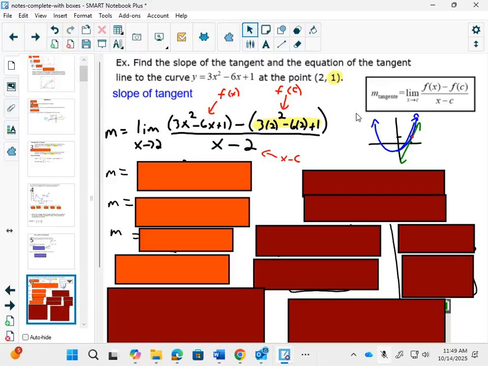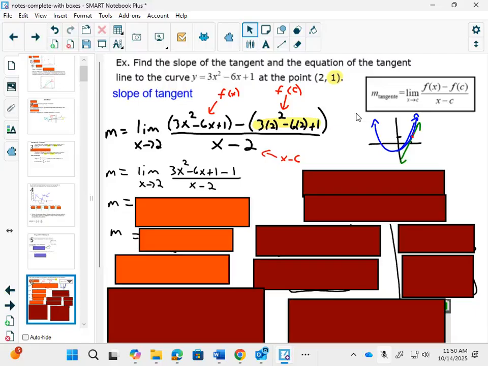What happens then? The top part, 3x squared minus 6x plus 1 minus 1 over x minus 2. What's the problem with this limit from our limits unit? We're dividing by 0. What did we do when we had those kind of problems? We tried to factor or simplify to get rid of that problem, right?